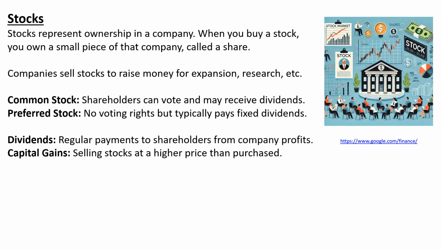But if Berkshire Hathaway keeps their cash pile and they don't disperse it, then the shareholders have that money reflected in the increasing value of the stock, and so they can get their money back in terms of capital gains rather than dividends. And so it's kind of a tax management strategy in some cases. So some companies don't pay dividends because they're not profitable yet. Other companies could pay dividends and choose not to.